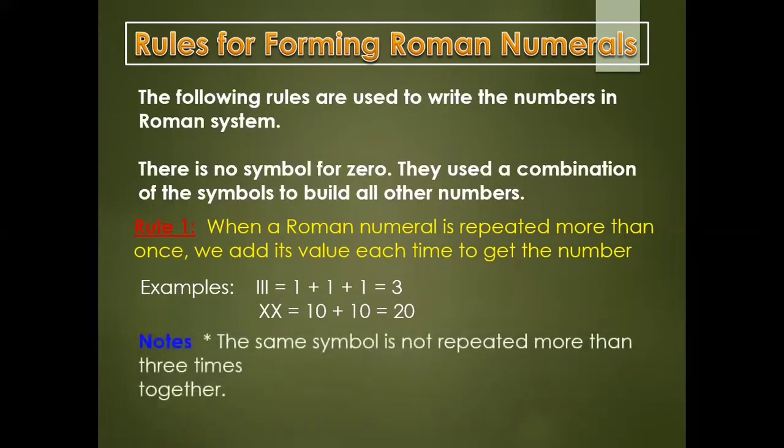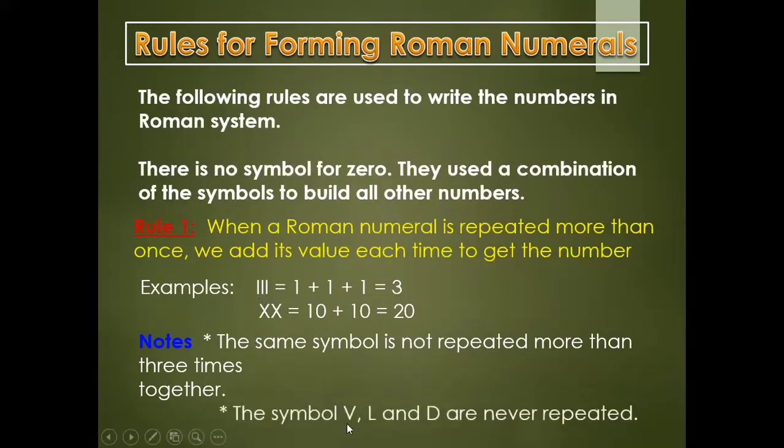Now there are 2 conditions. The same symbol is not repeated more than 3 times together. That means I cannot repeat I 4 times. That means I cannot go beyond this 3. One more condition is the symbols V, L and D are never repeated.